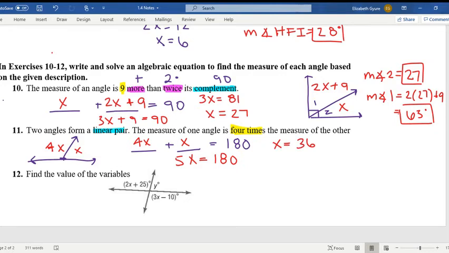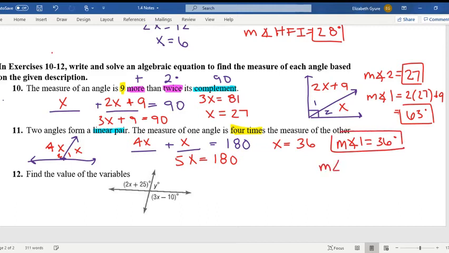And that's actually one of your angles here, right? One of them is 36. So again, in this situation, it kind of depends which one you labeled as angle 1 and which one you labeled as angle 2. Just always see if it tells you like the smaller one is this and the bigger one is this, and just make sure you label it properly. I'm just going to say this one was angle 1 and this one was angle 2. So the measure of angle 1 here is going to be 36 degrees.